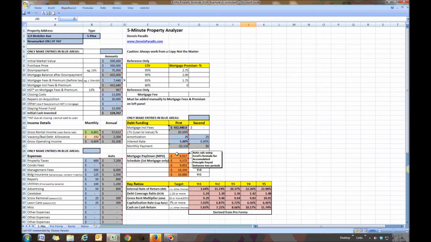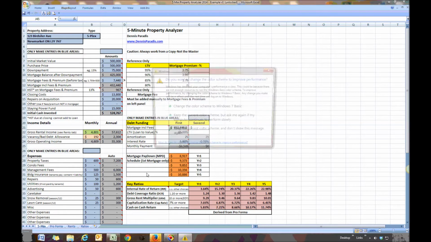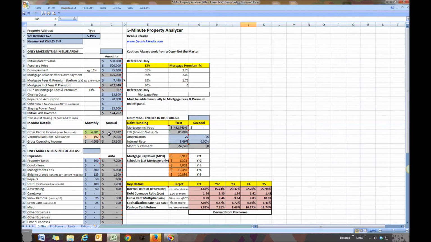There are 3 forms of wealth creation in property rentals. One is the cash flow, which we'll see in a moment. One is the mortgage paydown, and the third is the equity improvement or the value appreciation of the property. Those are the 3 forms of wealth. All of these are incorporated in this analysis at various places.